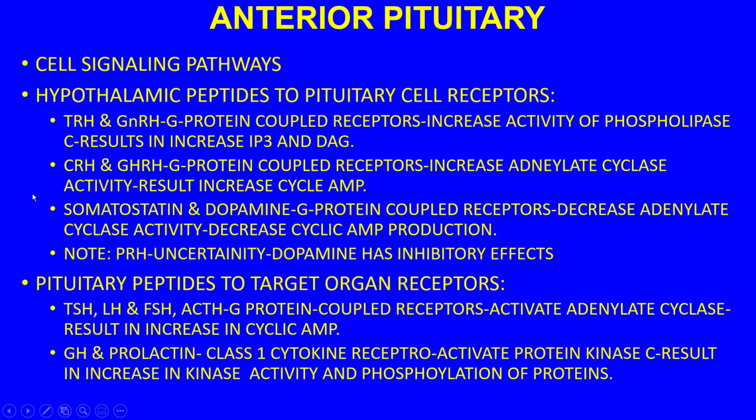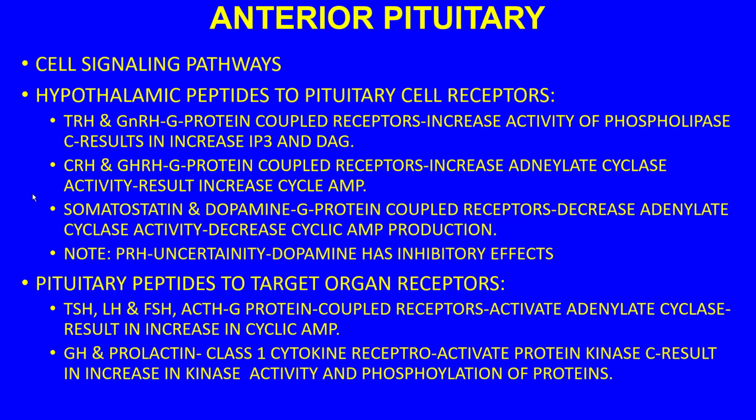Now, the pituitary peptides to the target organ receptors, what do we got here? Well, TSH, LH, FSH, and ACTH, again, are all G protein coupled receptors. They will activate adenylate cyclase, which will result in an increase in cyclic AMP.